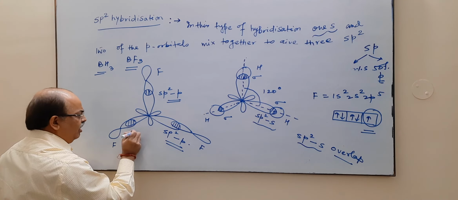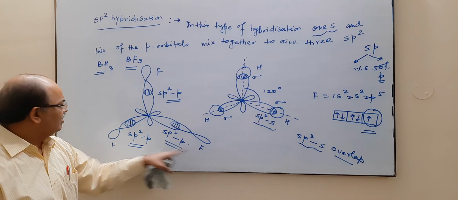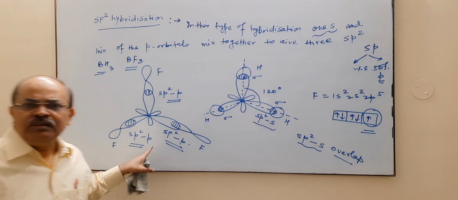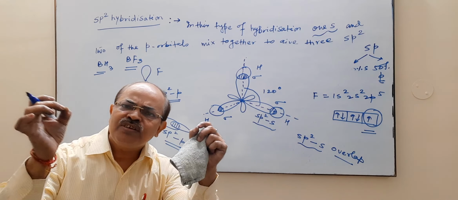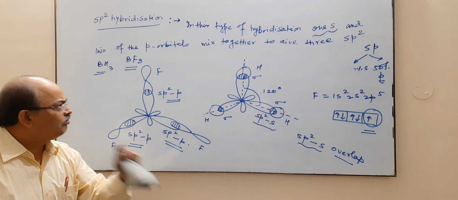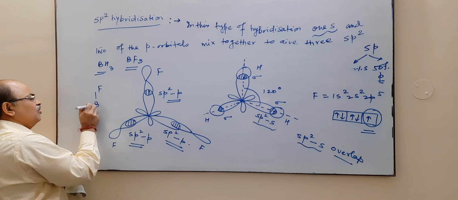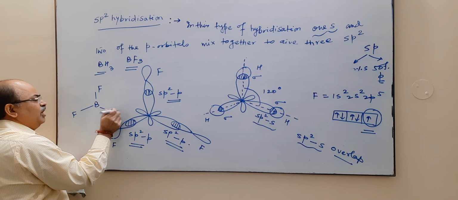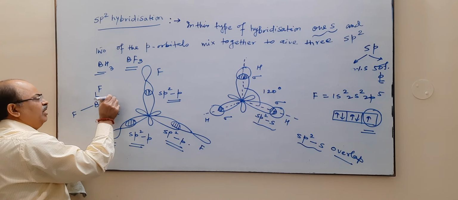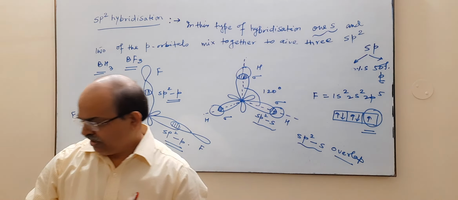Again this is your sp2 and fluorine will utilize p orbital. However, there will be no change in shape. Shape will be the same, that is your triangular planar. So see, this is the shape of your BF3 with a bond angle equal to 120 degree.